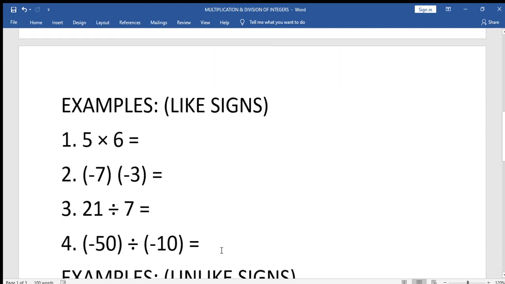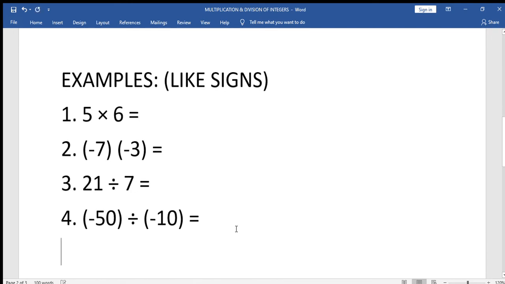We have here like signs. Okay, so again, if you are going to multiply and divide integers with the same signs, the product sign is positive, the quotient sign is also positive. So we have here positive 5 multiplied by 6, or 5 times 6.